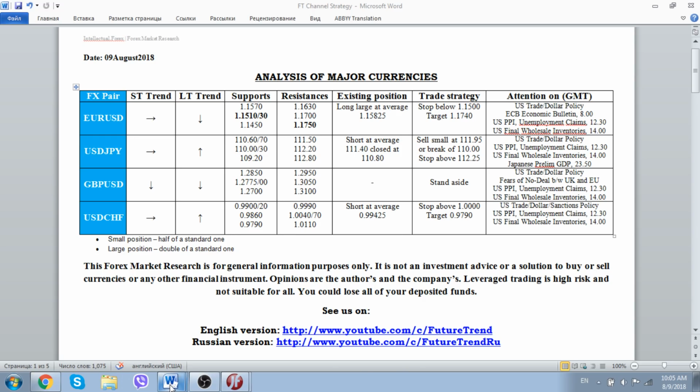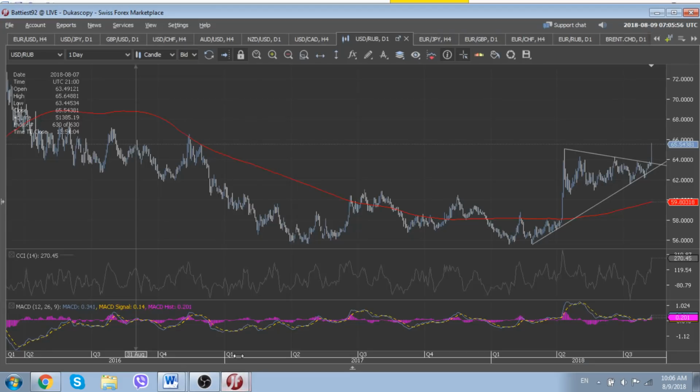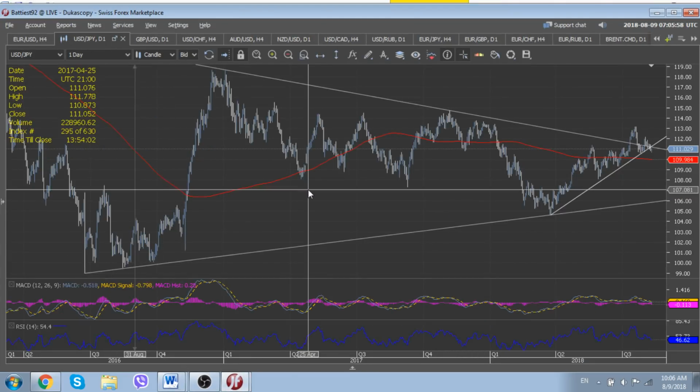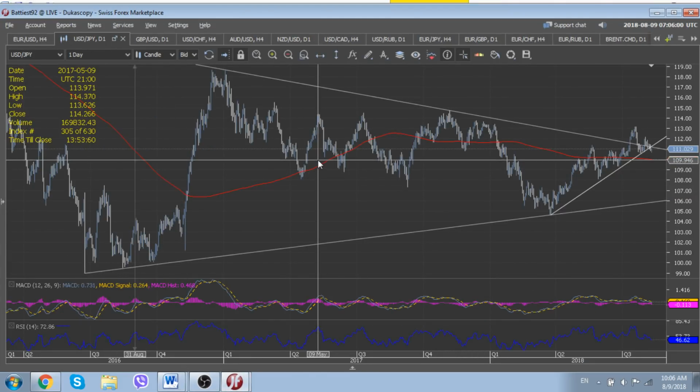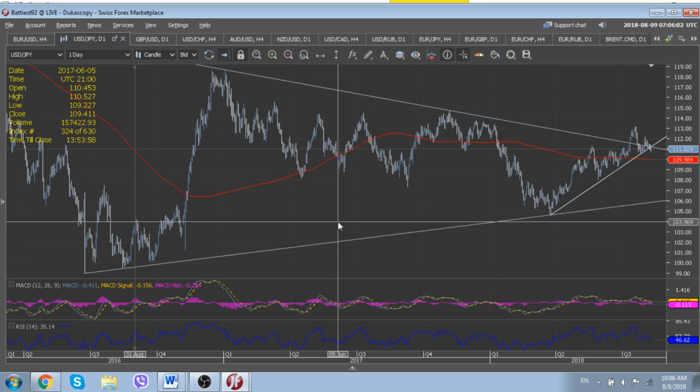At the moment, we decided to close our existing short trade recommendation at the level of 110.80, but anyway, we will reevaluate the situation with the dollar yen in case of a direct dip below the 200-day moving average line, which is located at the moment around the psychologically important level of 110.